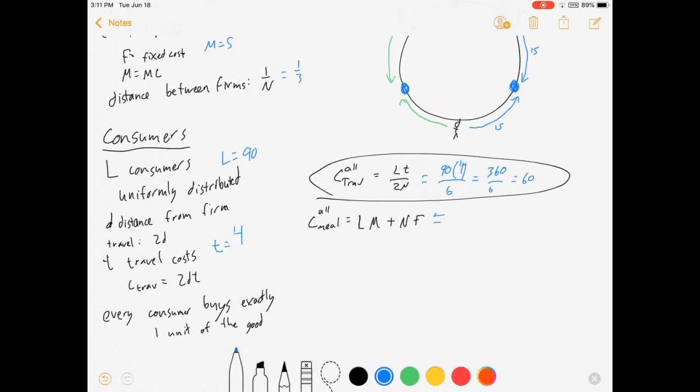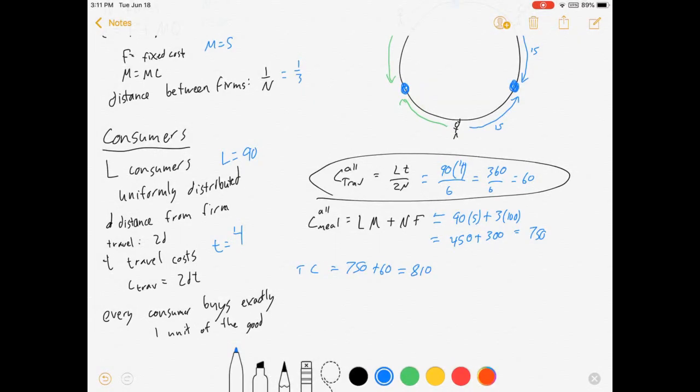In this model, that is 90 times 5 plus N times F, which is 450 plus 300 is 750. So right now, our total cost is equal to 750 plus 60 equals 810.